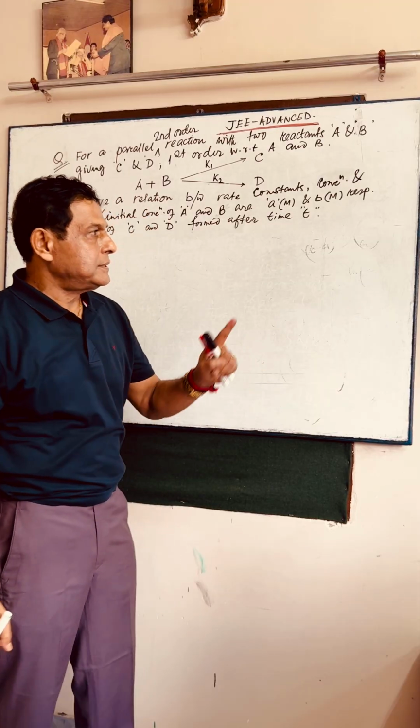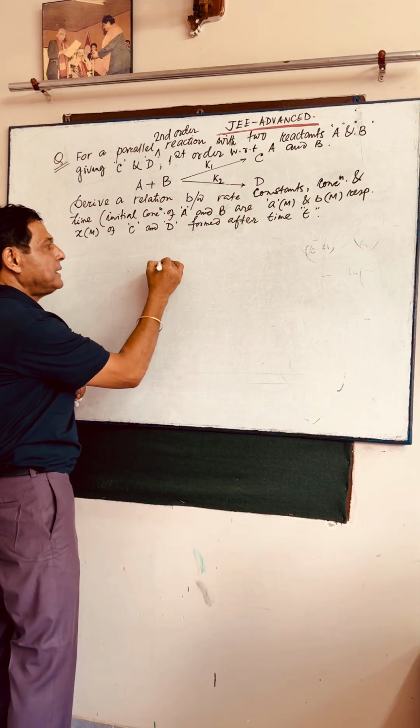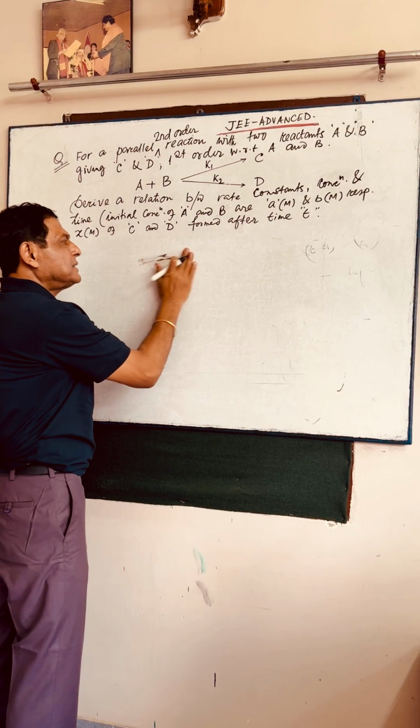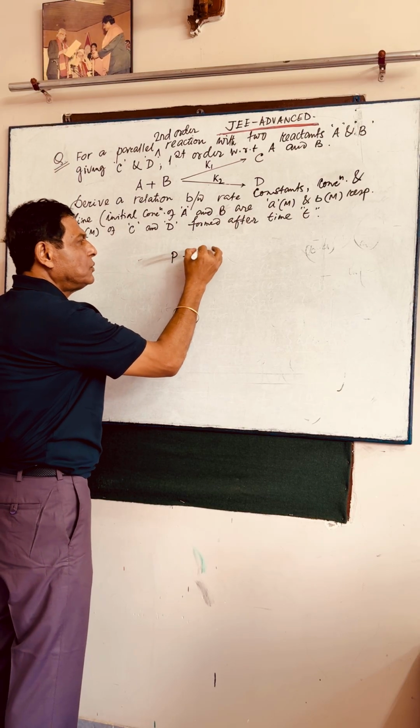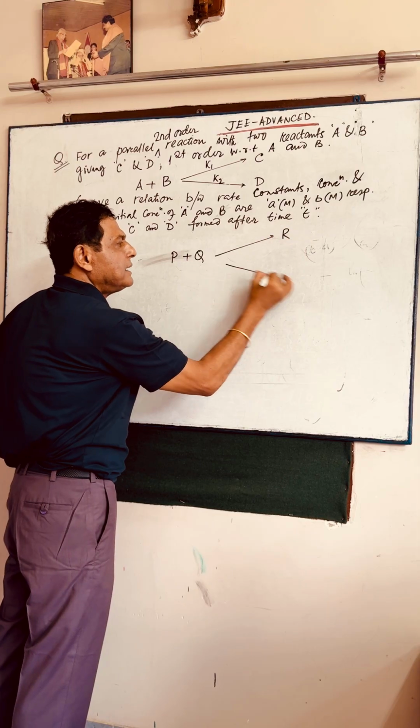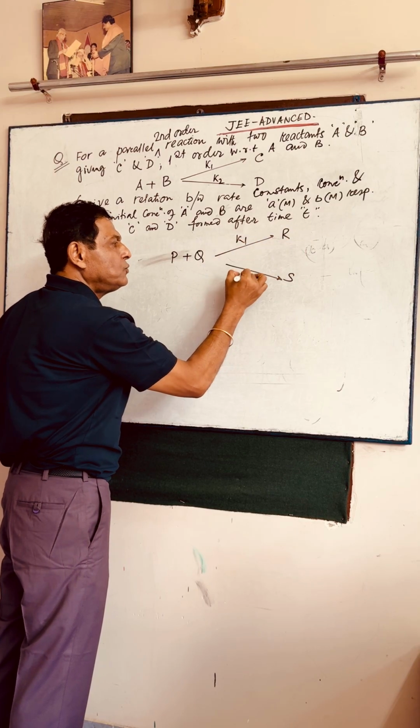This year one question was there. In that question, it was given P plus Q giving R and S. Here K1 and K2 are given.